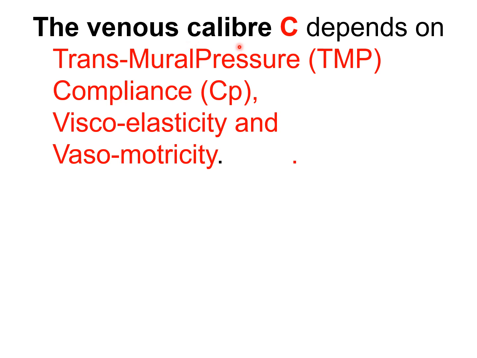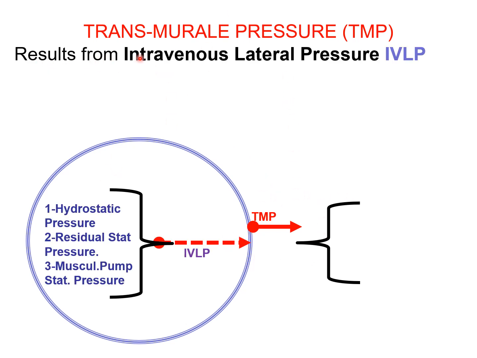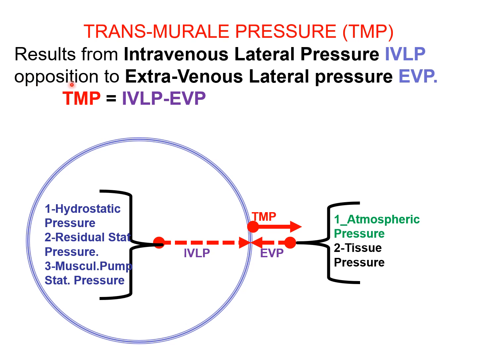The venous caliber depends on transmural pressure, compliance, viscoelasticity, and vasomotricity of the wall. Transmural pressure results from intravenous lateral pressure, made of hydrostatic pressure, residual static pressure, and muscular pump static pressure, in opposition to the extravenous lateral pressure.